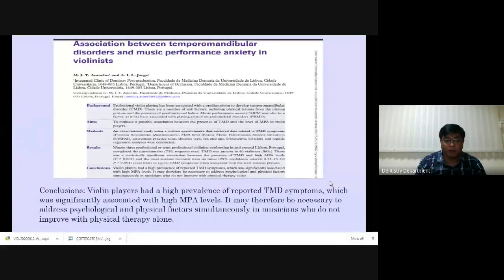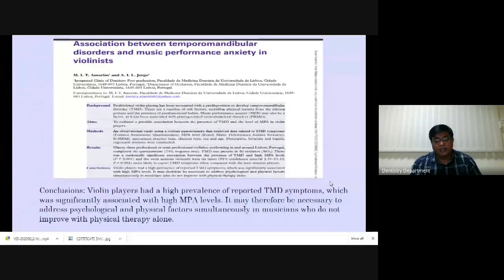The stress level will be more than with other instruments. So music performance anxiety is very common in violinists, and they also had a significant amount of TMD.